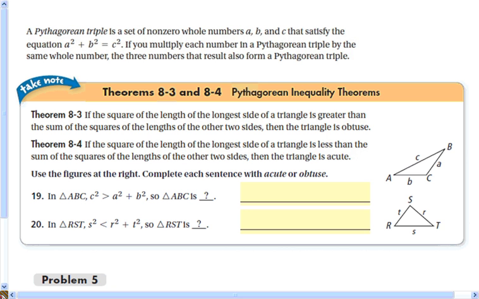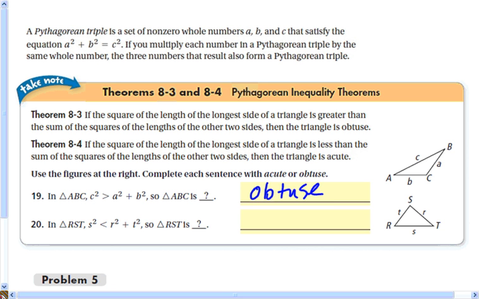Okay, another theorem here that we're going to use is the Pythagorean inequality theorem. If the square of the length of the longest side of a triangle is greater than the sum of the squares of the lengths of the other two sides, then the triangle is obtuse. So if c squared is greater than a squared plus b squared, then it's an obtuse triangle.